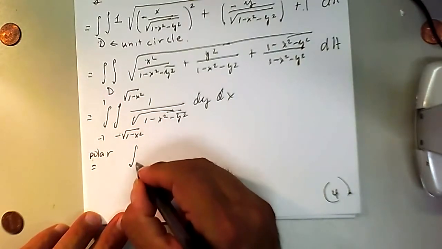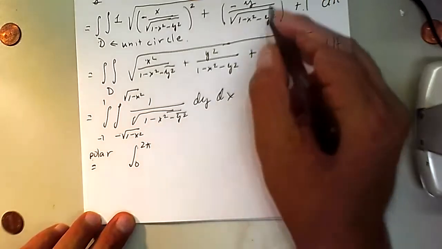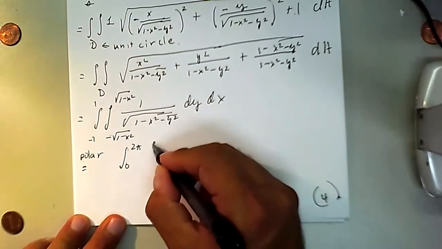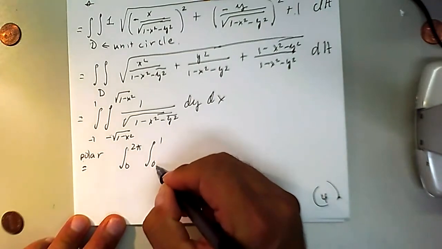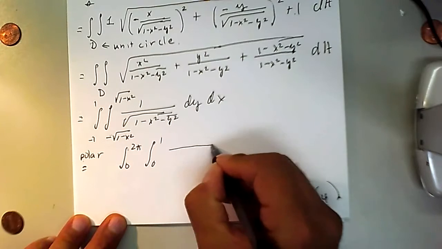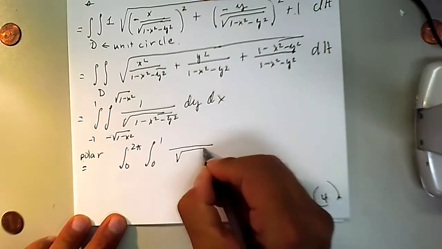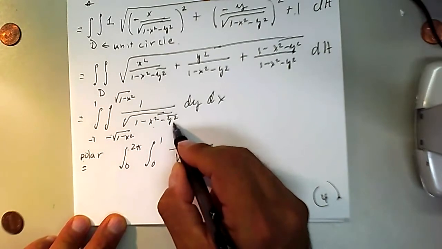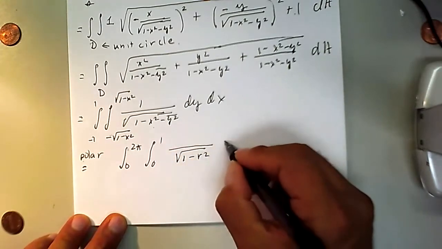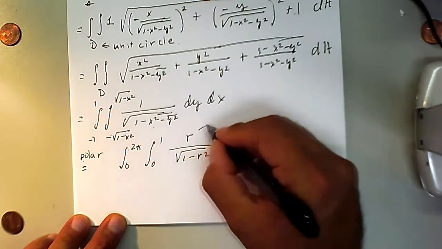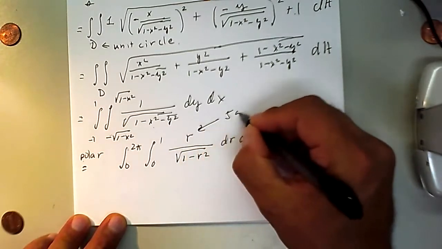and we're going to go from 0 to 2 pi, because we do have the full circle this time. And from 0 to 1, because we have a unit circle, and we're going to have on the denominator the square root of 1 minus r squared, because x squared plus y squared equals r squared, dr d theta, and of course we may not forget the Jacobian.